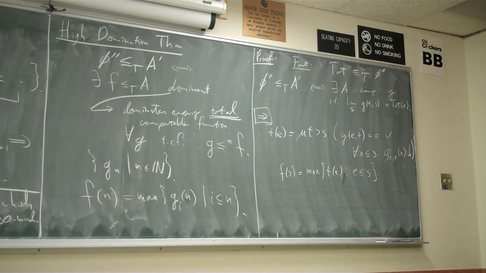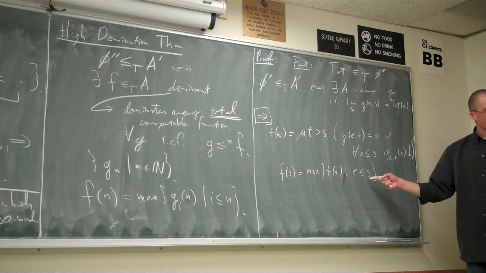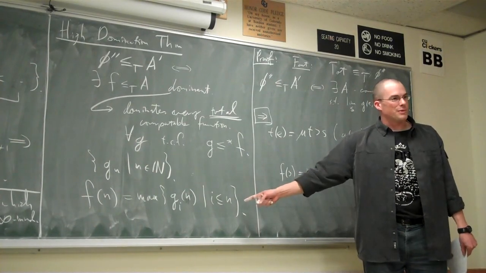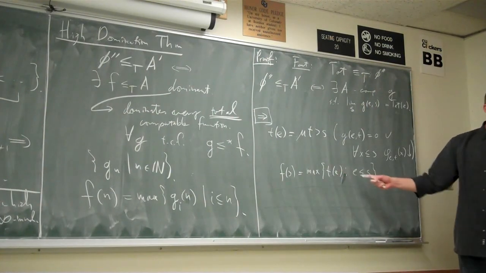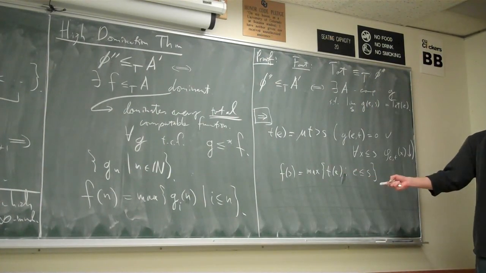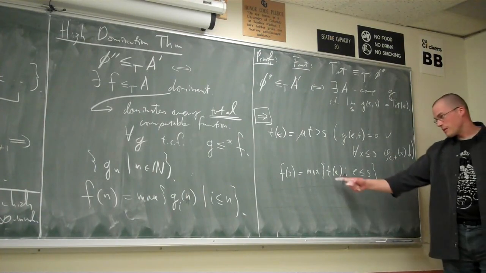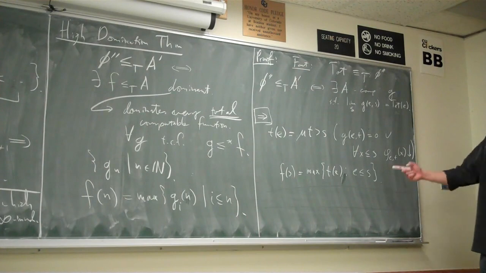So the first thing you notice is that this f, the definition of this f, is not entirely dissimilar from the definition here. We take the maximum over some growing number of things, which is a good way to build a dominating function. We take the maximum of this growing number of things, and what do we want?